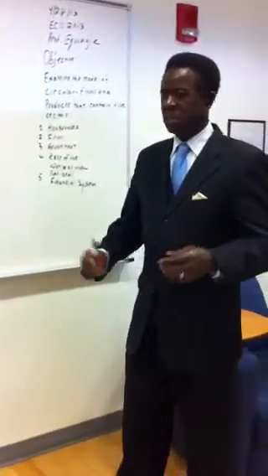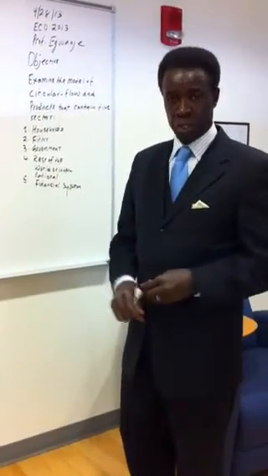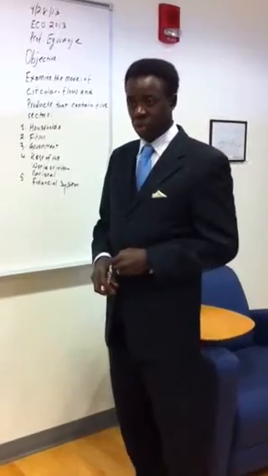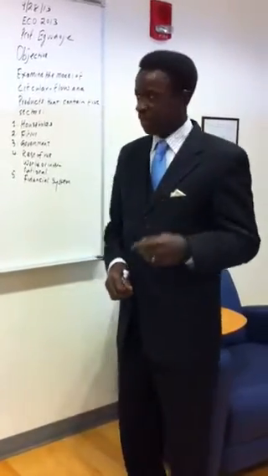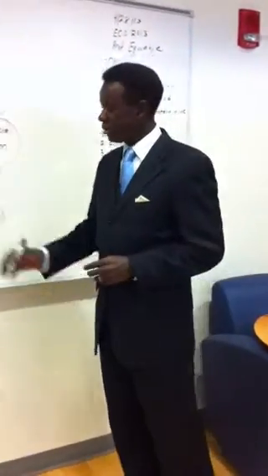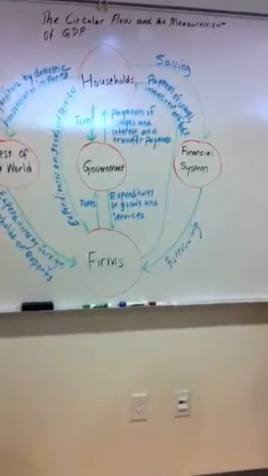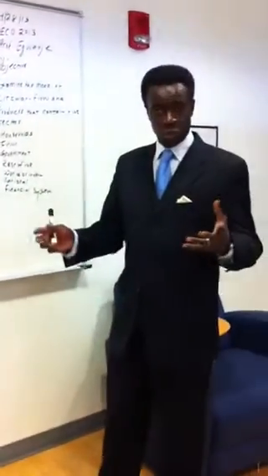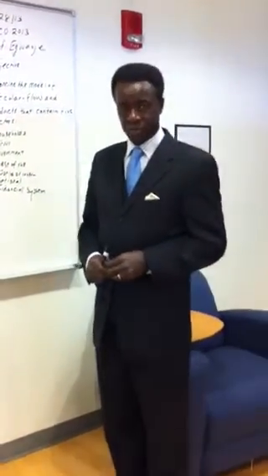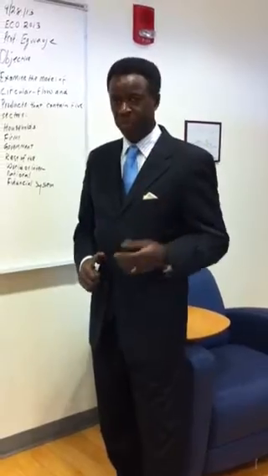Now, how does the circular flow diagram demonstrate total expenditure and money flow in the economy? First, when firms or businesses want to produce a good or service, they need factors of production.